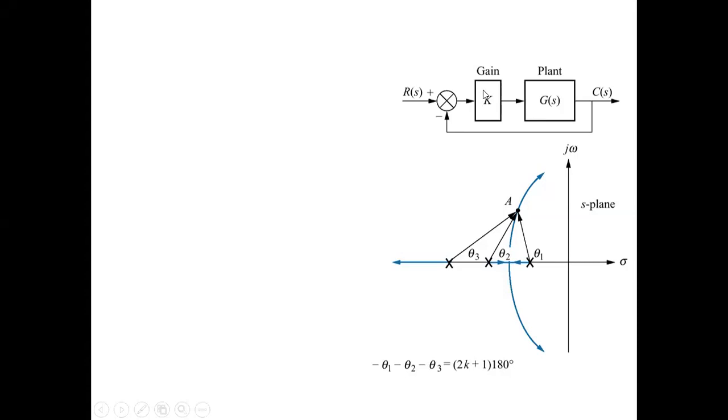In this figure, the gain K is shown and the plant is G(s). There are three poles. Because this is a root locus, the angle criterion is followed, an odd multiple of 180.